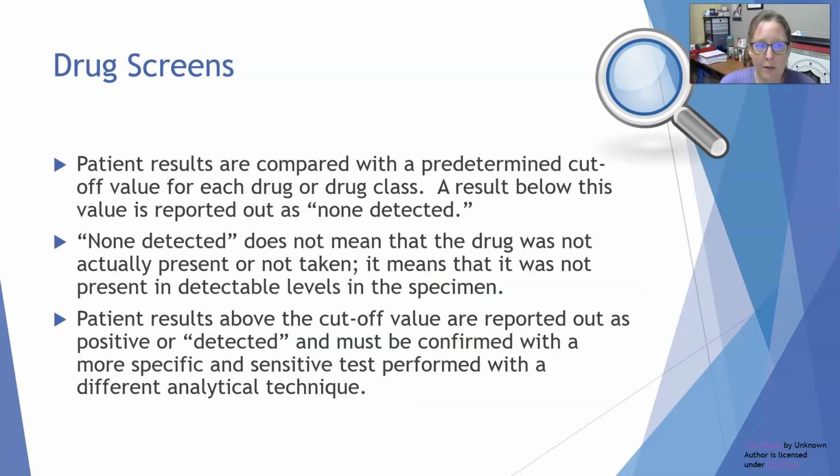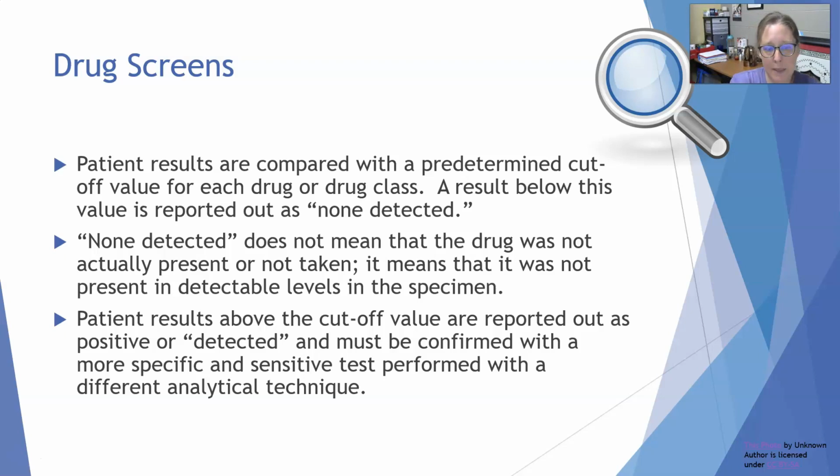Then the patient results are compared with a predetermined cutoff value for each drug or drug class. The analyzer does that, and a result below the value is reported out as none detected, sometimes reported out as negative. And it doesn't mean that the drug wasn't actually there or never taken. It just means that it was below detectable levels, so not enough to trigger a positive.